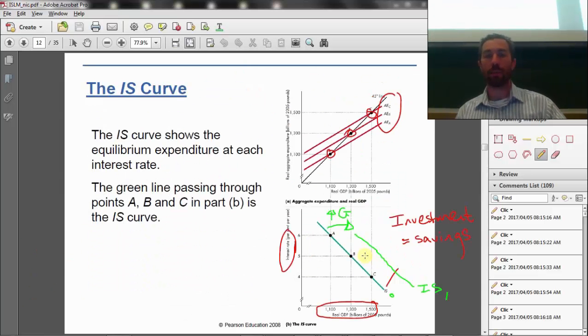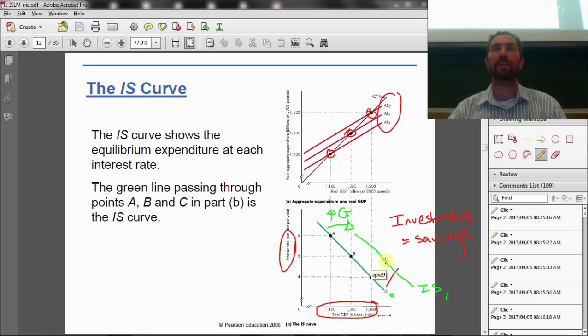So is everyone happy that we can shift our IS curve to the right if we increase government spending? Happy? You guys happy? Has anyone got an issue with that? Yeah.